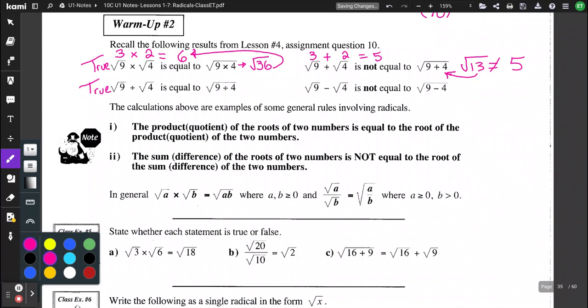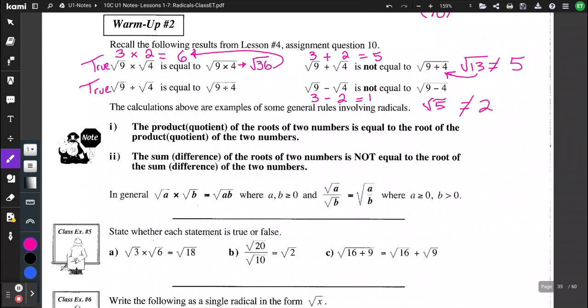The same thing will happen with our subtraction. If I go 3 subtract 2, I get 1. But here, root of 9 subtract 4 is root 5, and the square root of 5 is not equal to 1. So for adding and subtracting, you have to do them separately. Multiplying and dividing, yes, you can solve them and you'll get the correct answer.